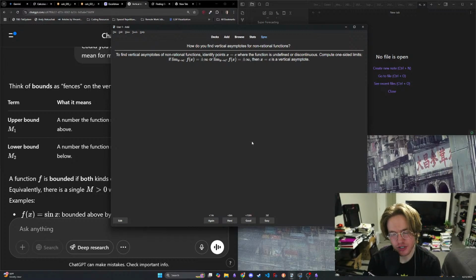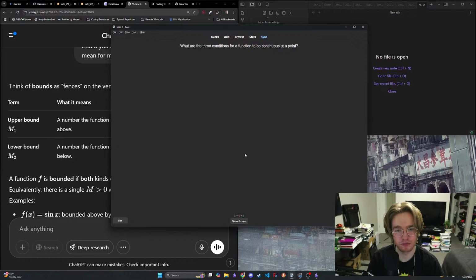Identify points where the function is undefined or discontinuous. Okay, I think that's reasonable. For a function to be continuous at a point c, f of c has to exist.